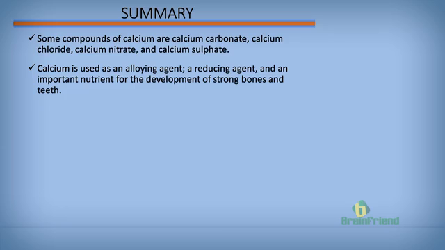And we looked at some compounds of calcium: calcium carbonate, calcium chloride, calcium nitrate, and calcium sulfate. We also looked at some uses of calcium. We said that calcium is used as an alloying agent, a reducing agent, and an important nutrient for the development of strong bones and teeth.